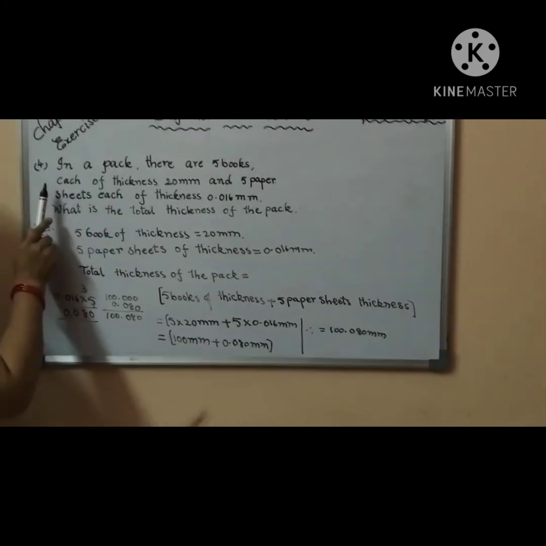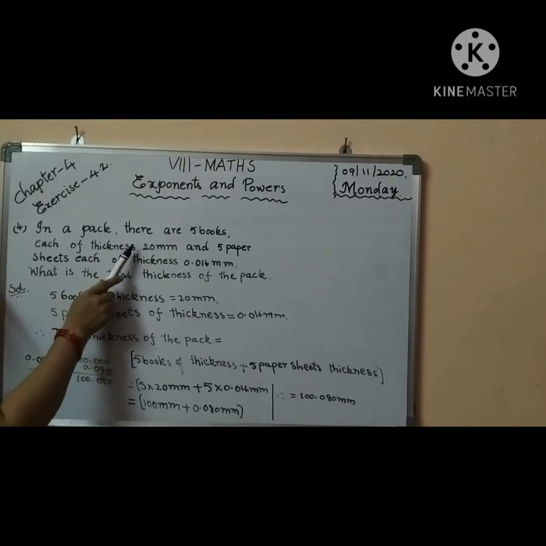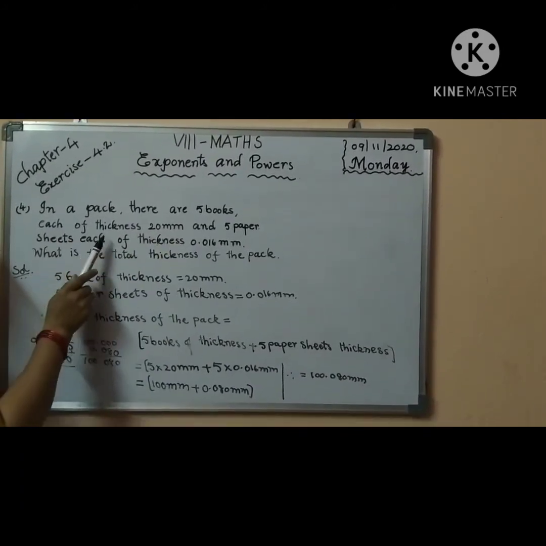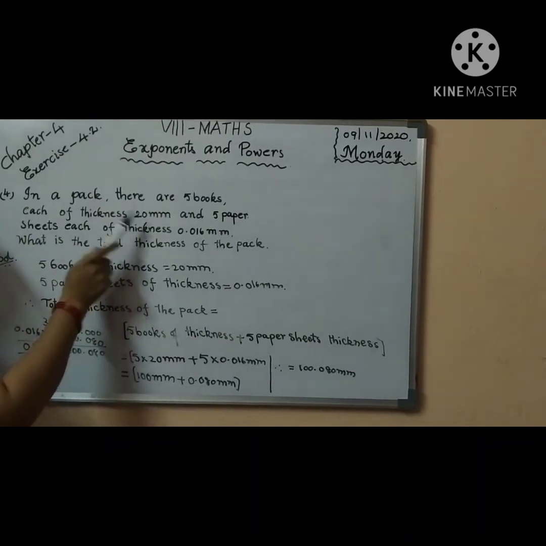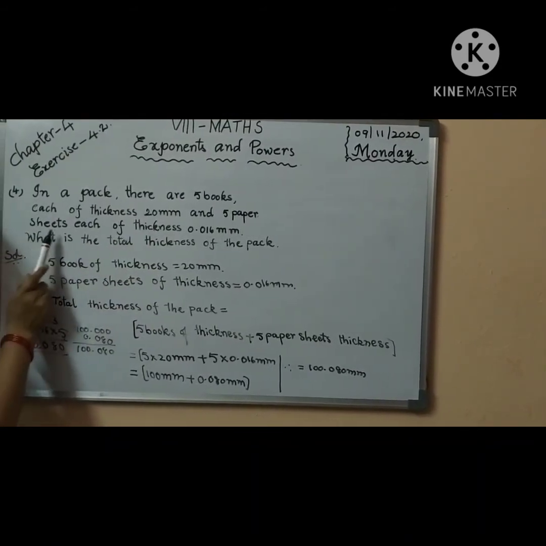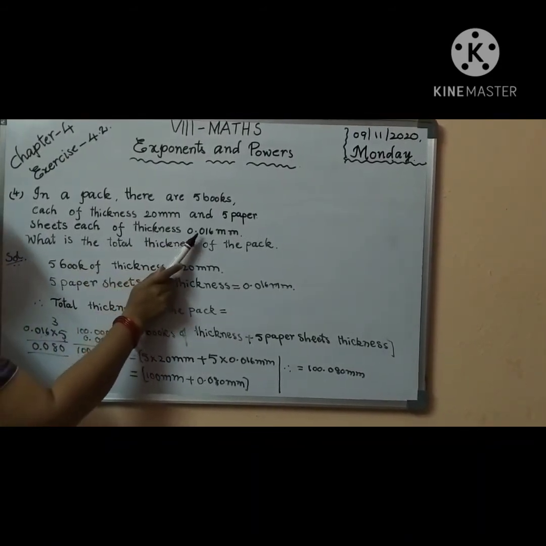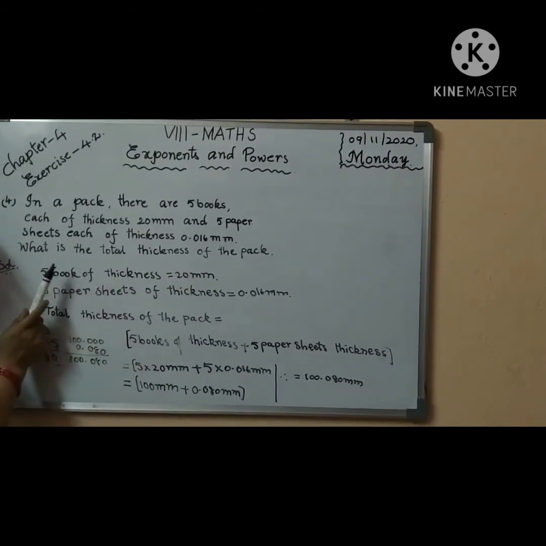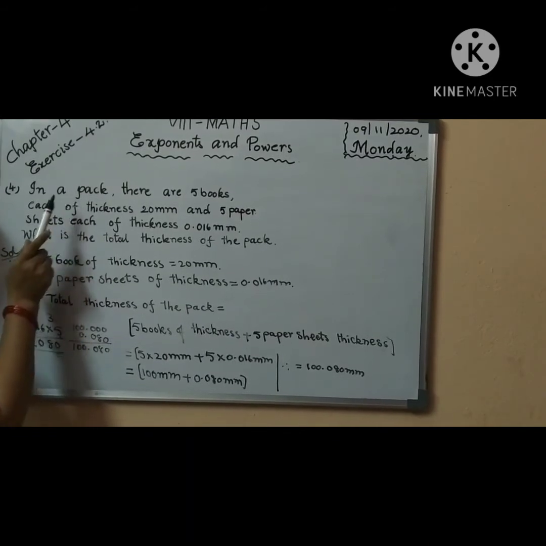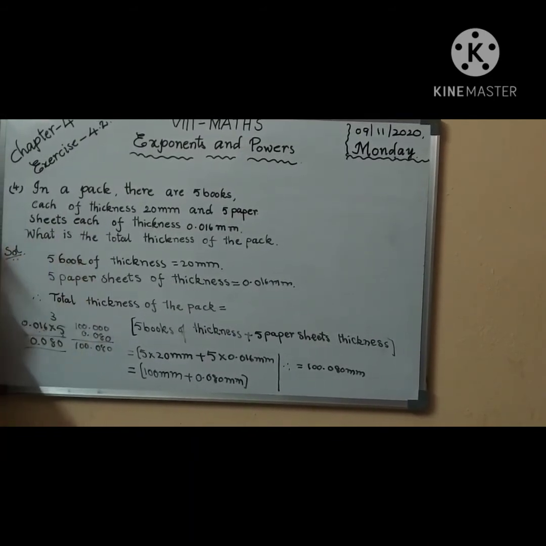What is given in the problem? In a pack there are 5 books each of thickness 20 mm, and 5 paper sheets each of thickness 0.016 mm. What is the total thickness of the pack? Total means adding 5 books of thickness and 5 paper sheets of thickness.